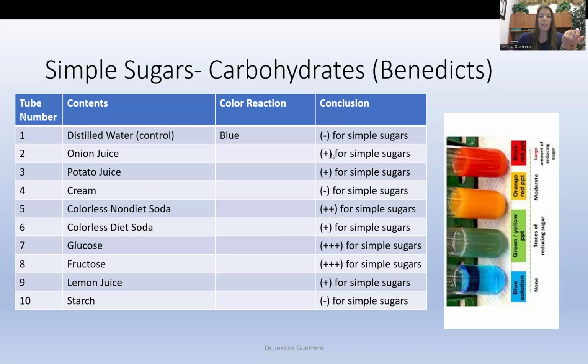So you can see here in the conclusions that I have plus signs and then maybe 2 plus signs, meaning that this has more simple sugars than one with just a single plus sign. And fructose and glucose, excuse me, should for sure be made up of simple sugars. Make sure, again, you know the Benedict's reagent, you know what the color change is, and you know what we're testing for.